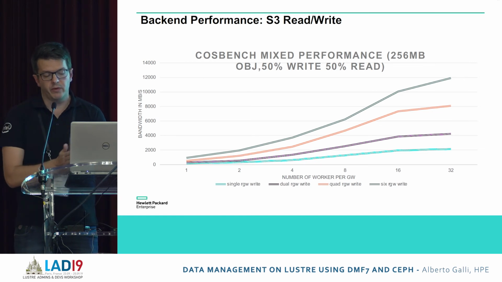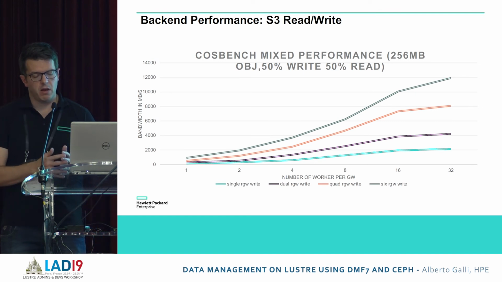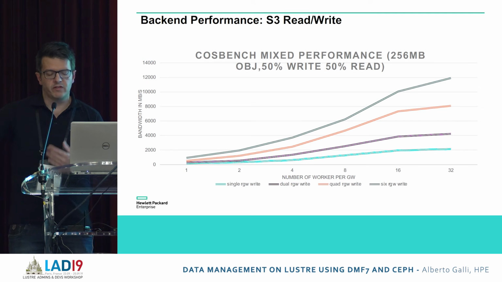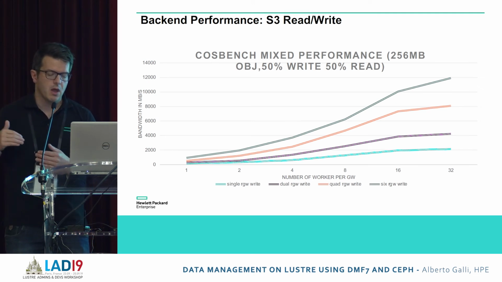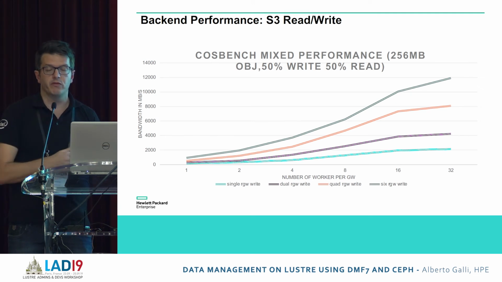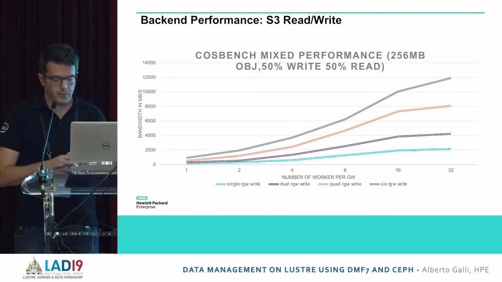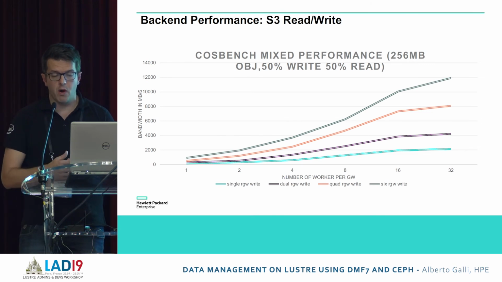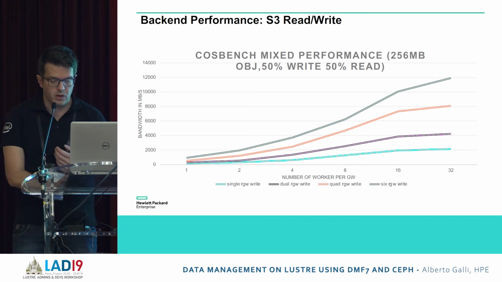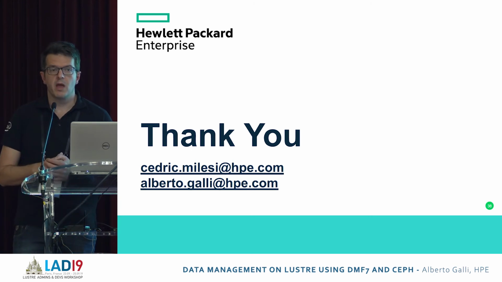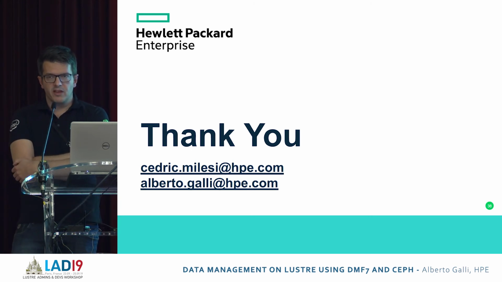We were expecting that, but both DMF and Ceph will scale as long as you increase the number of S3 gateways for Ceph, and the number of data movers for DMF, which makes it a very interesting solution for really big HSM solutions. Well, I'm almost on time. So, is there any question?